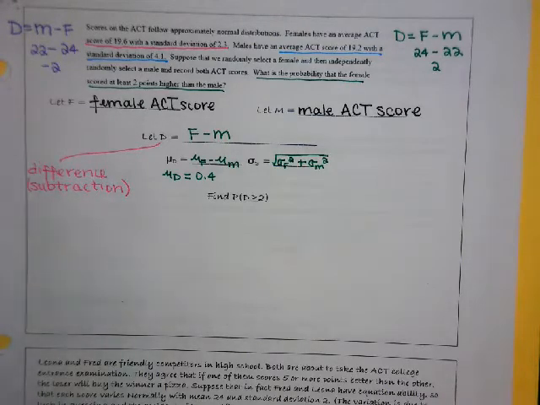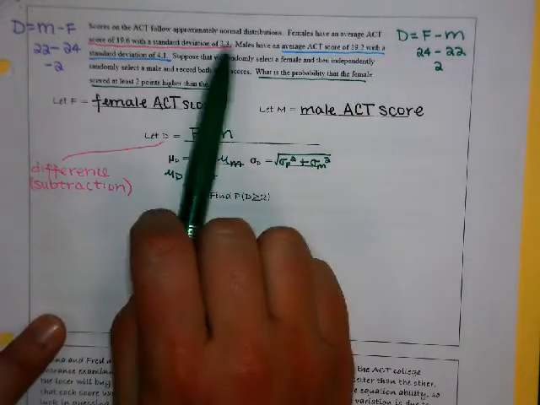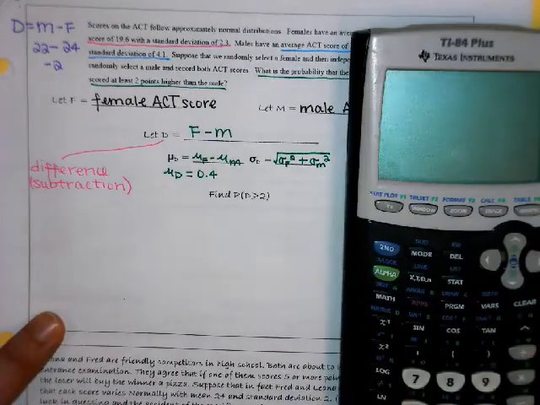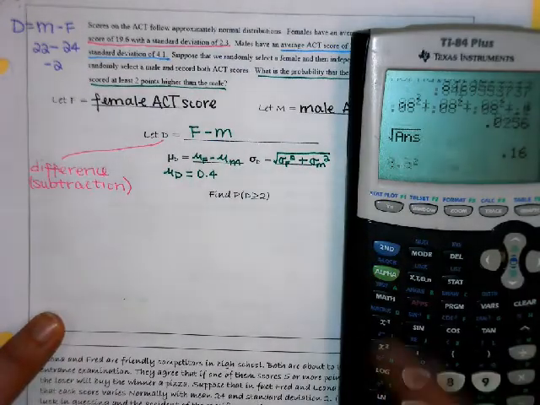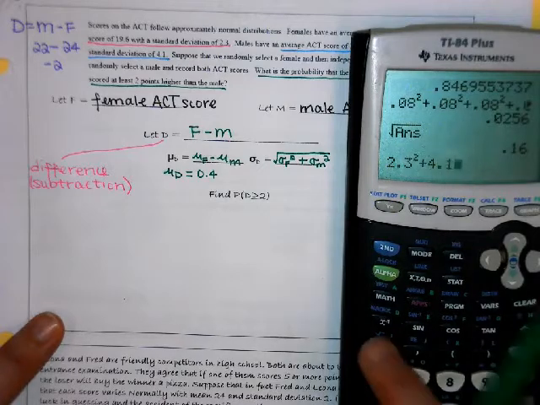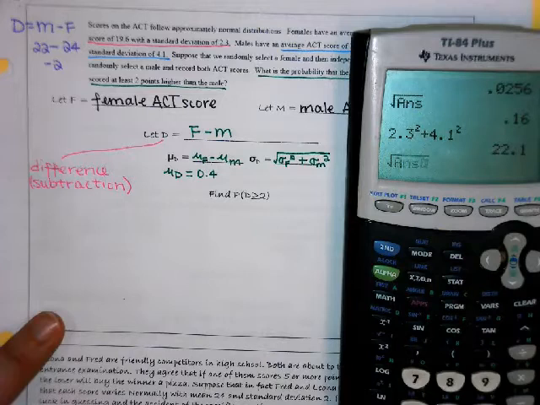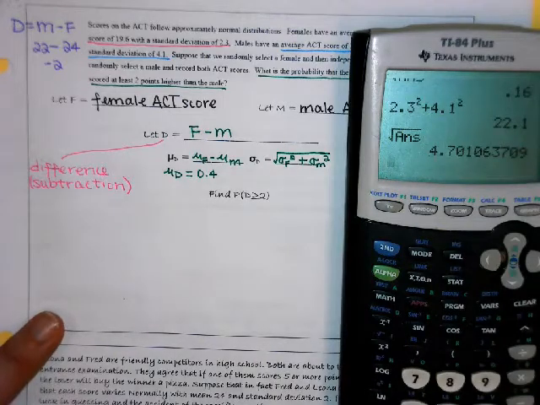So here we're going to take 2.3 squared plus 4.1 squared, and then square root whatever that sum is. So we get 4.7. I took female standard deviation squared plus male standard deviation squared and then square rooted my answer.